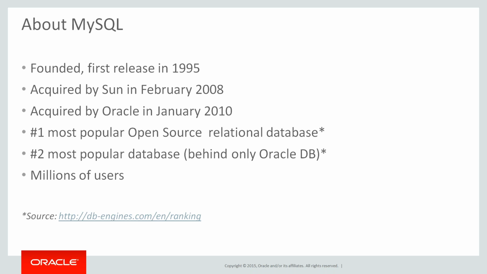So MySQL is the number one most popular open source database on the market. It's number two, only behind Oracle database. So the product is very popular, and it is the original MySQL product.